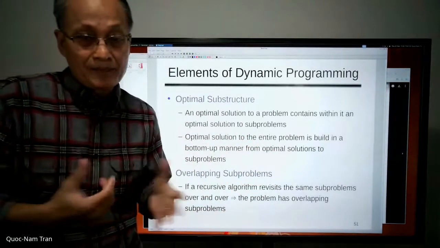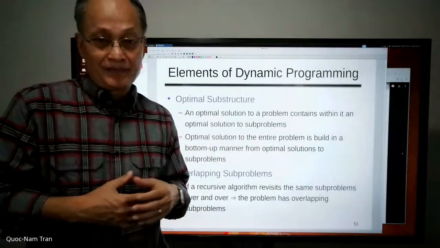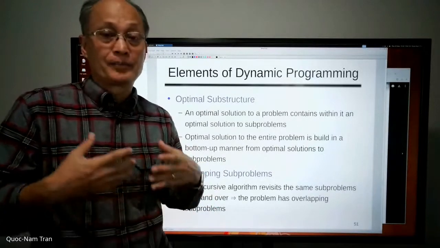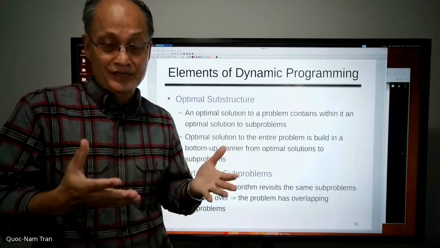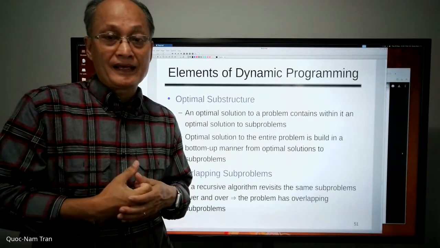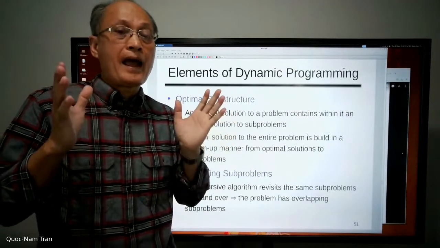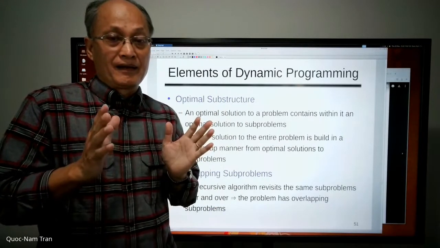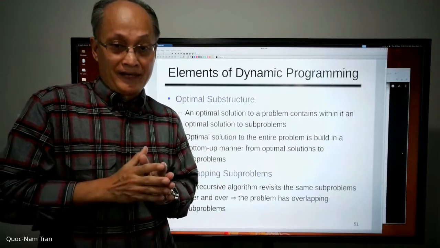We are learning about dynamic programming, right? But dynamic programming is a programming technique or method, as I mentioned before. And hence, how to use dynamic programming is a big question, right?